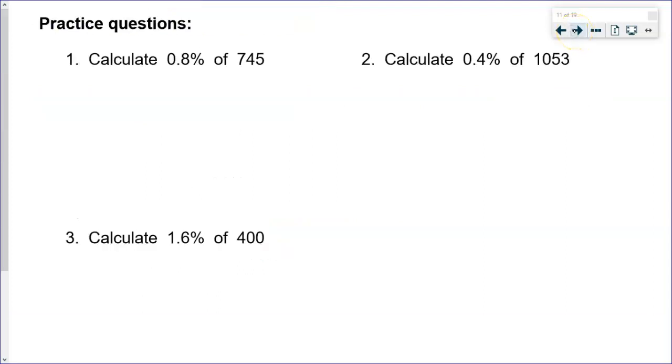So let's do a few of our own. So here we've got to calculate 0.8% of, again, multiplying, right, 745. So now I want you to skip putting it over fractions and all that stuff, and I just want you to change the percent to a decimal. And I know it's a decimal number already in there, but it's actually a decimal percent. We want the whole number, or part of the number. Okay, so what we're going to do is divide by 100.